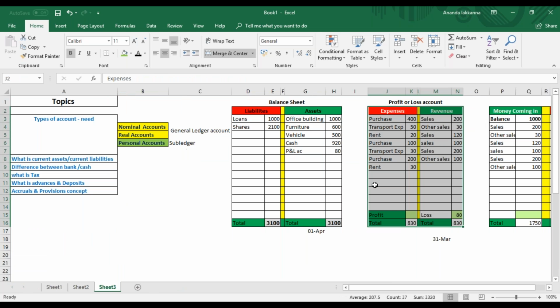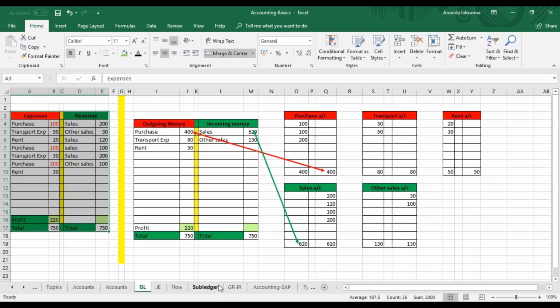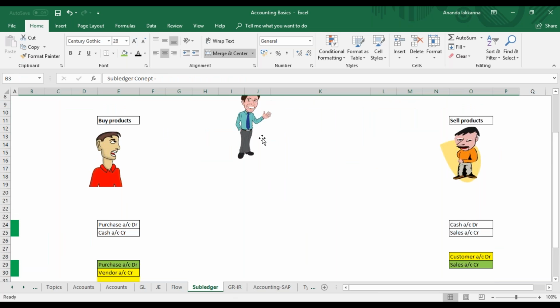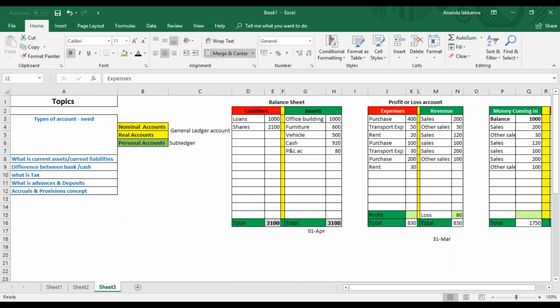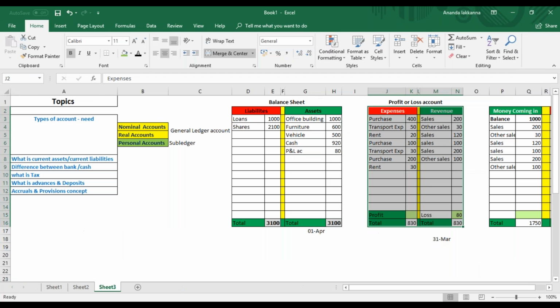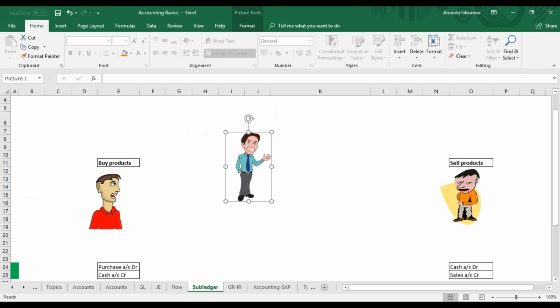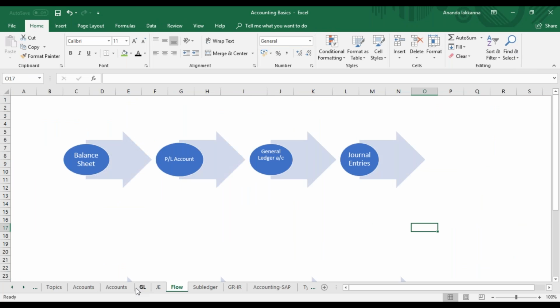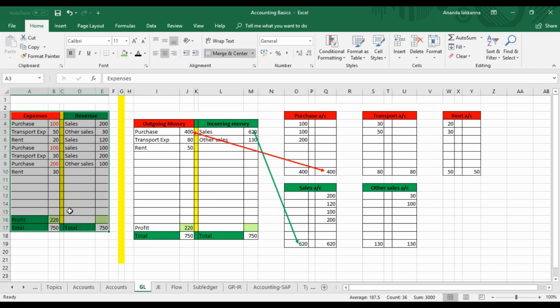Just imagine this person doing business. For some period it goes well, he was getting good profit. But after some time, he started losing money, continuously making losses in business.